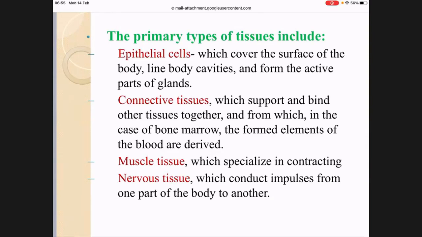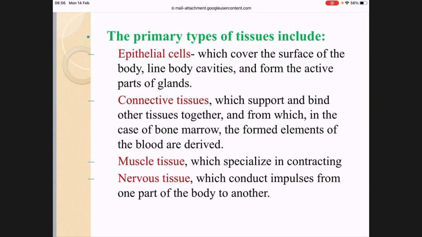There are some exceptional, specialized connective tissues, bone and blood. Because of their basic structure, we call them connective tissue.